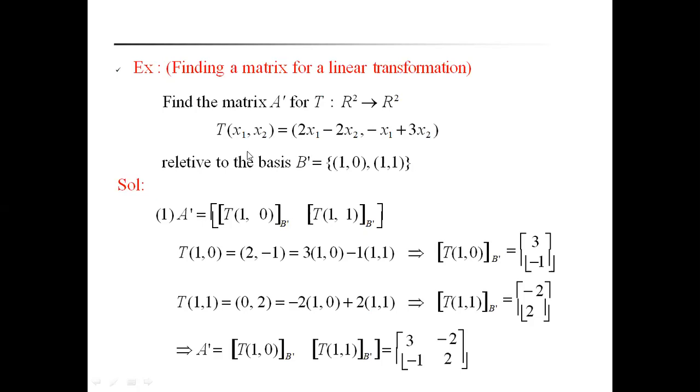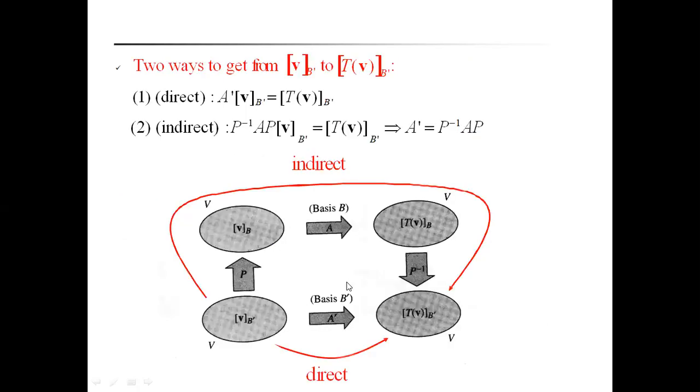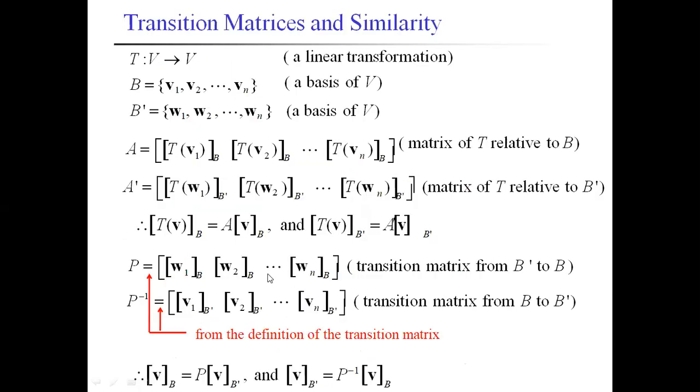Here the given linear transformation is T of (x1, x2). The formula is A dash is equal to [T of W1 relative to B dash, and so on].